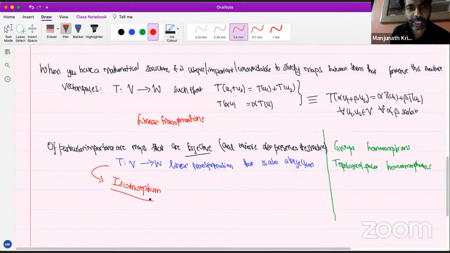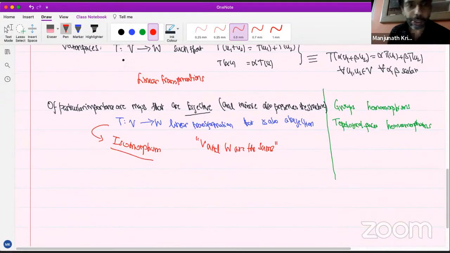Isomorphism is a very general term. What it really means is that V and W are basically the same thing. So it is important to understand isomorphism.